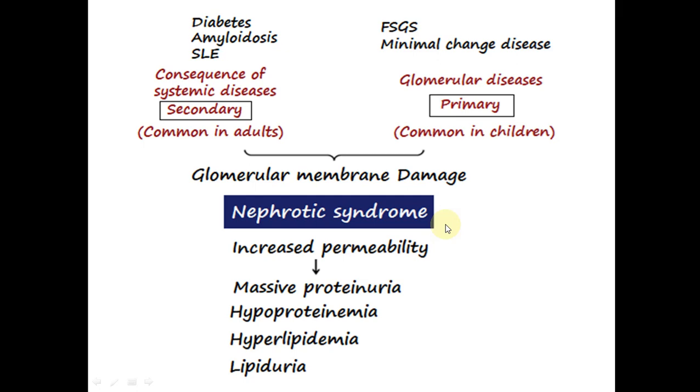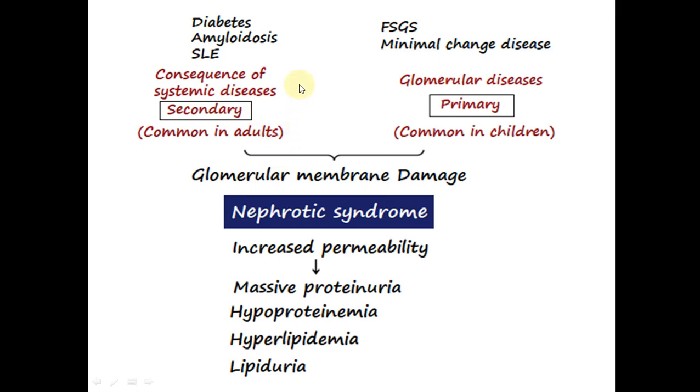Now, as I said, nephrotic syndrome is not a diagnosis. It is a clinico-pathological presentation of an underlying glomerular membrane damage. So, when we come to the causes of the glomerular membrane damage, we see that the causes may be primary, when the problem lies within the glomerulus or kidney, or sometimes systemic diseases may cause damage to the glomerular basement membrane.